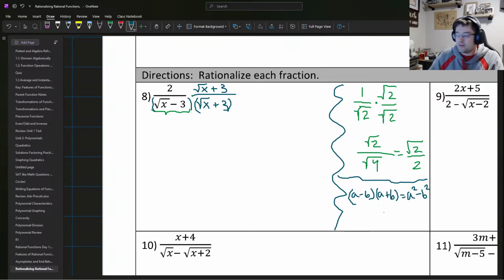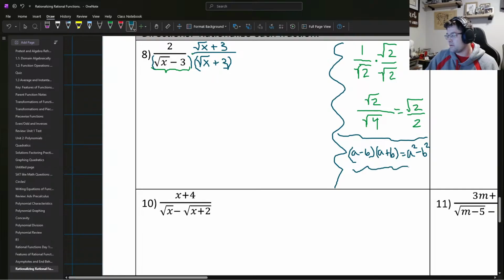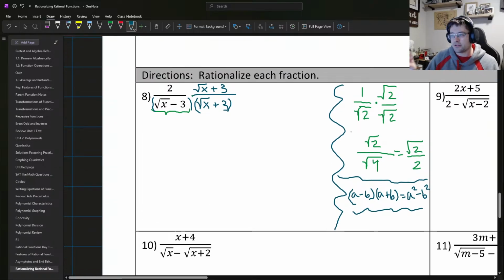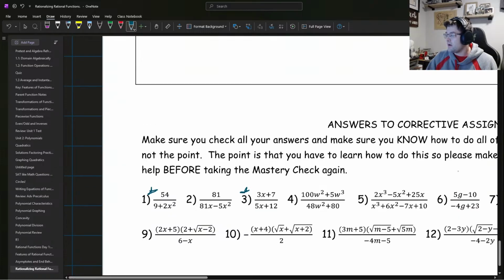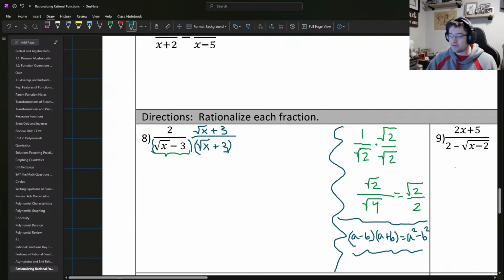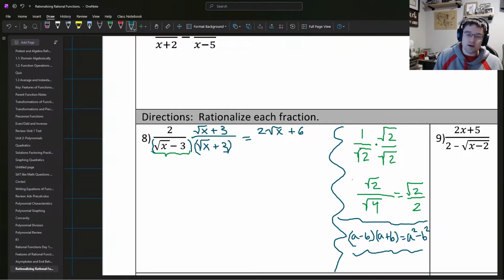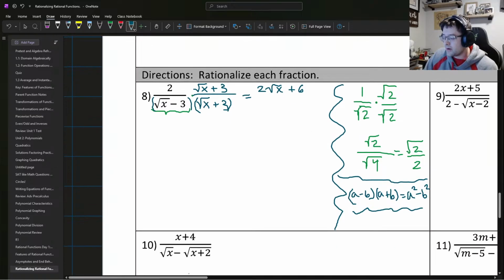I won't have a radical in my fraction anymore, which is the whole goal of rationalizing. So you can see what this answer is meant to be. You shouldn't have any radicals in your denominator, but it doesn't mean you're not allowed to have them in your numerator. So like your numerator, 2 square root x plus 6, that's okay. But I'll leave that one there. Let you connect it with the answer below.